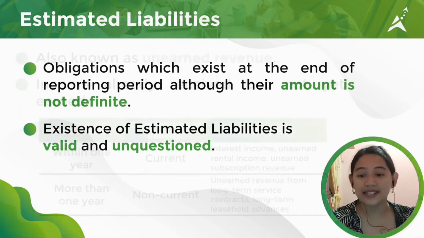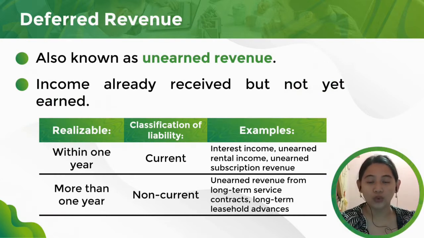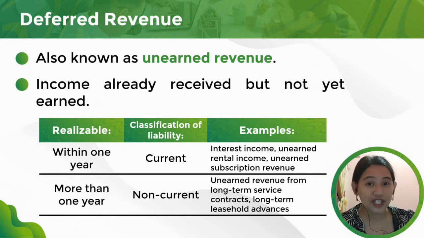Next, let's discuss deferred revenue. Deferred revenue is also known as unearned revenue. This means the income is already received but not yet earned. Nakakuha na ng income, nakakuha na ng bayad, pero hindi pa niya na-earn or hindi pa siya nakakapagbigay ng service or hindi pa siya nakakapagbigay ng goods.